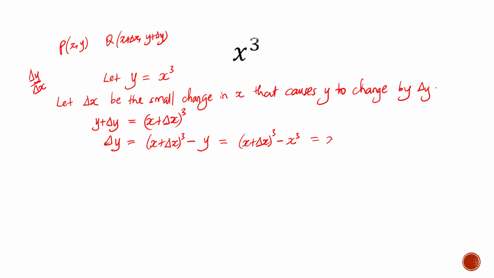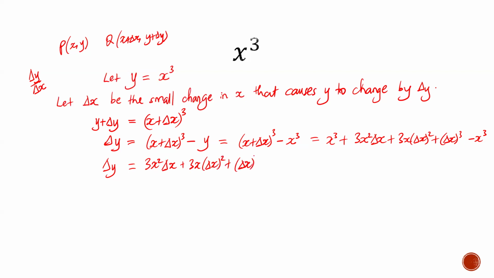I think expanding might be easier. So this is x cubed plus 3x squared delta x plus 3x times delta x squared plus delta x cubed, minus x cubed. And that leaves us with delta y being equal to 3x squared delta x plus 3x times delta x squared plus delta x cubed.